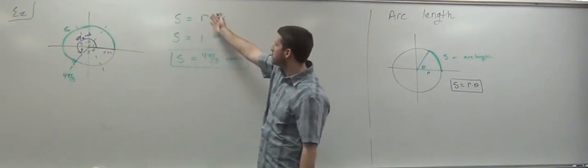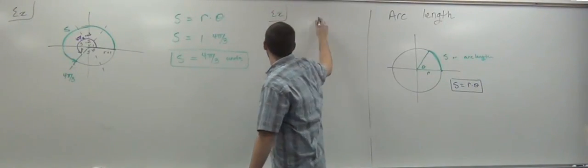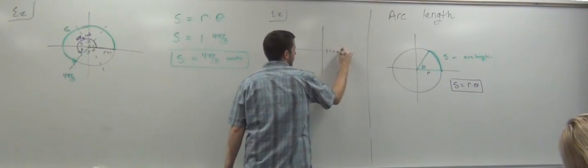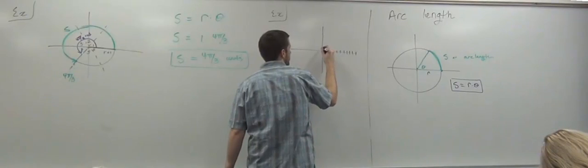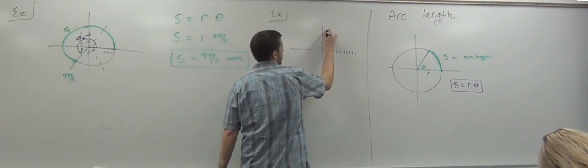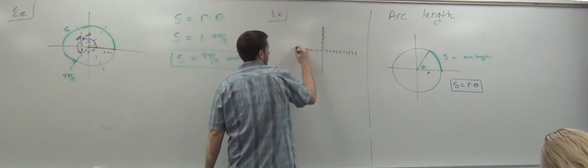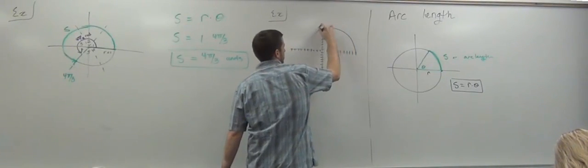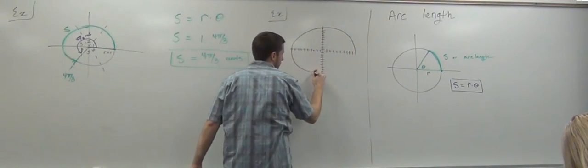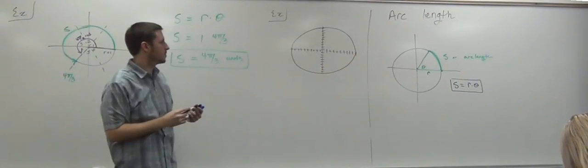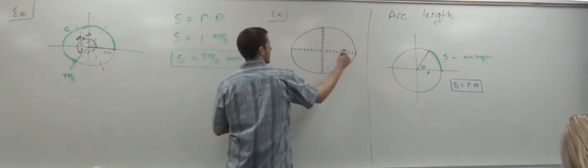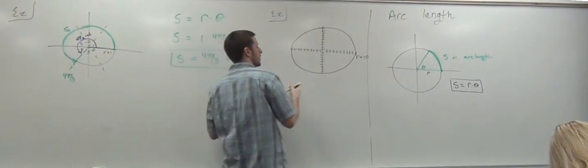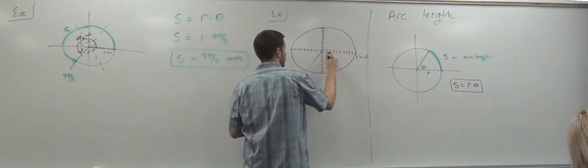So suppose I do the same example, but I want the radius to be, I don't know, 10. 1, 2, 3, 4, 5, 6, 7, 8, 9, 10. So I give you a radius 10 circle, and I give you 4 pi over 3 again, which we know lands down here.